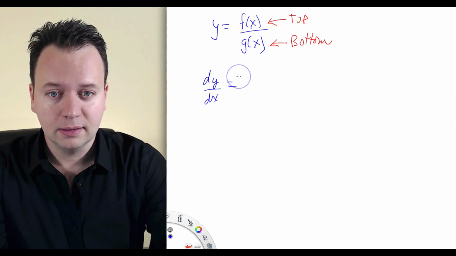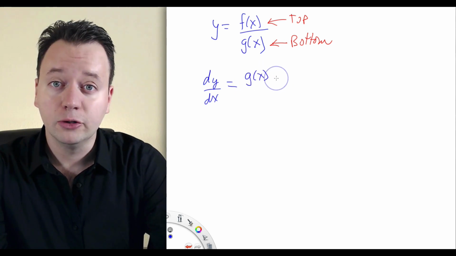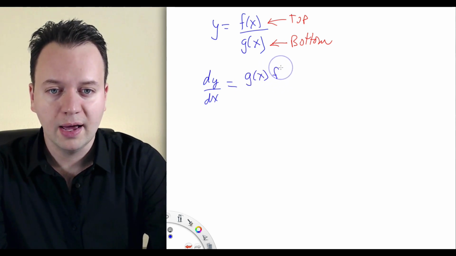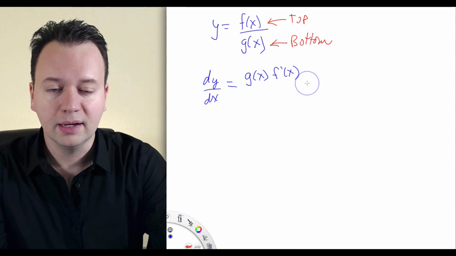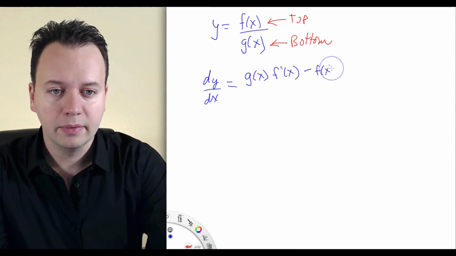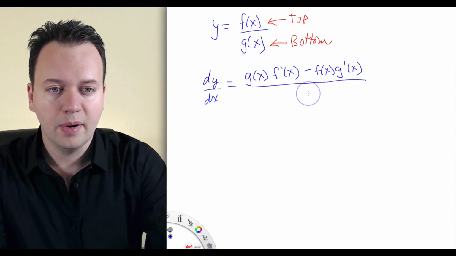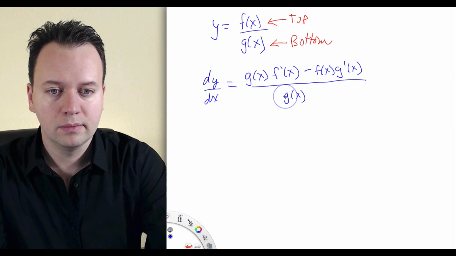So if we write that out, we get the bottom times the derivative of the top, so g of x times f prime of x, and then minus the top times the derivative of the bottom, and then all divided by the bottom squared.